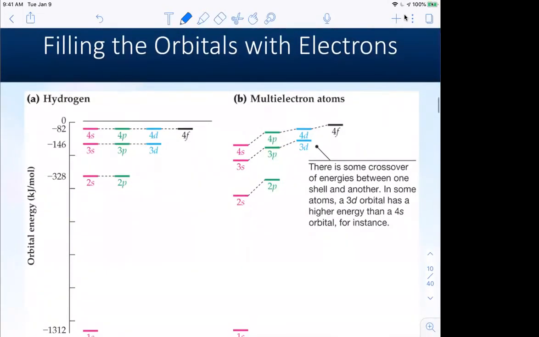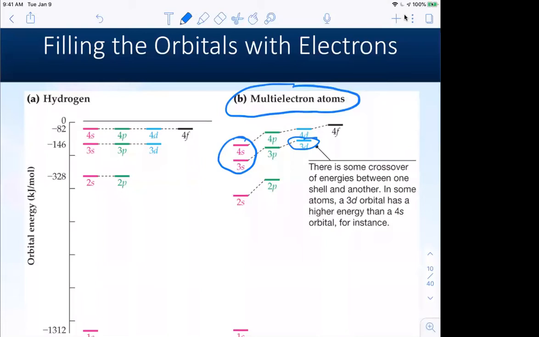Here, I just want to reiterate to you, if you took 121, this is going to be the filling order for any multiple electron atoms, and that's where I get the lowering of the S subshells relative to the D. There are a lot of different reasons for this. In a hydrogen atom, I don't actually see this, but I only have 1 electron.